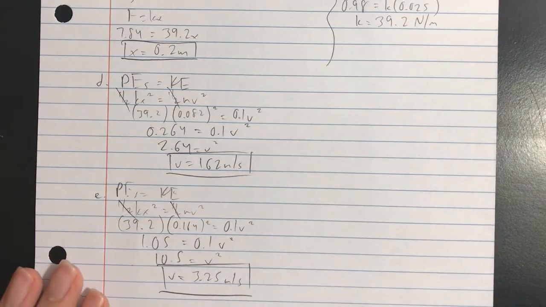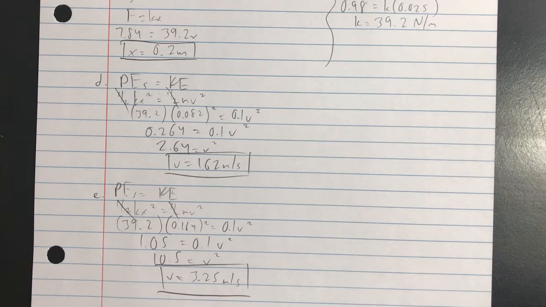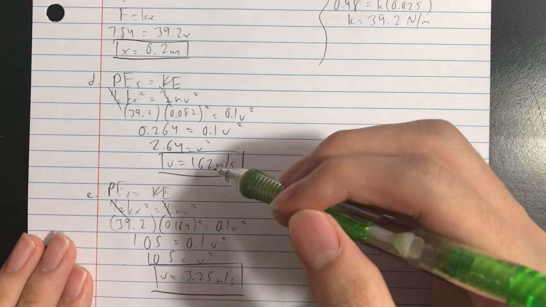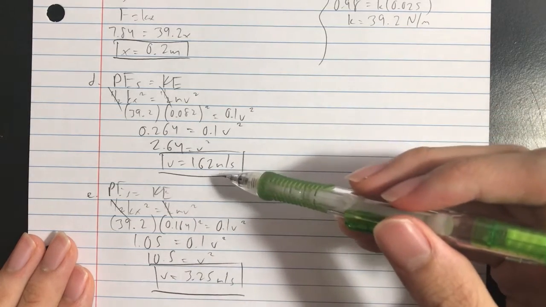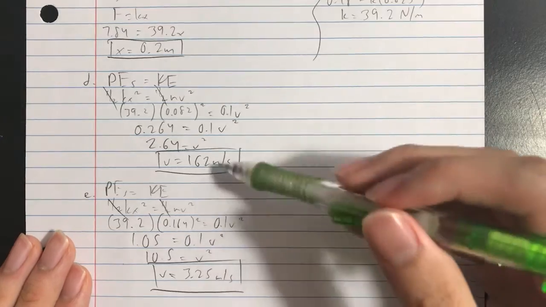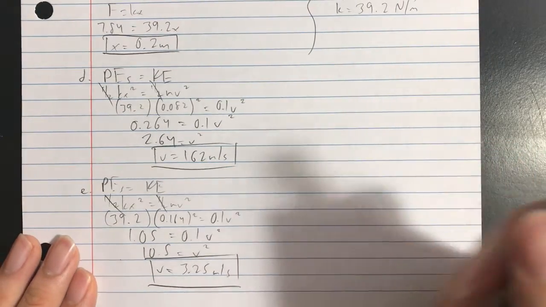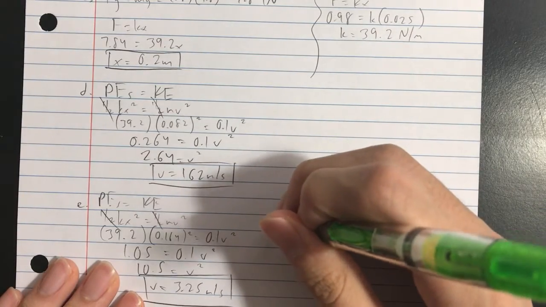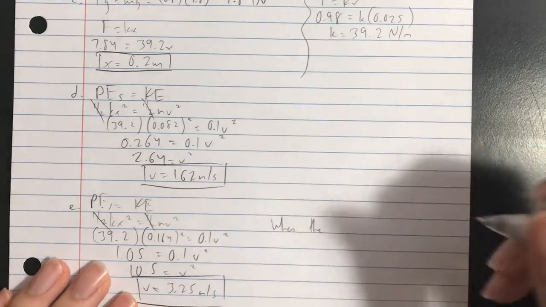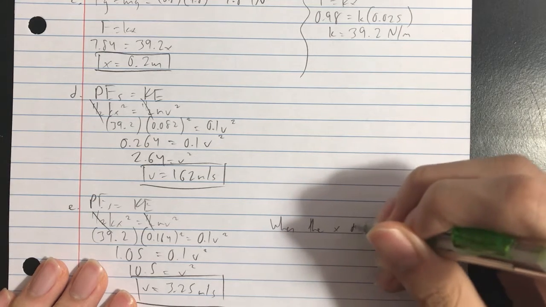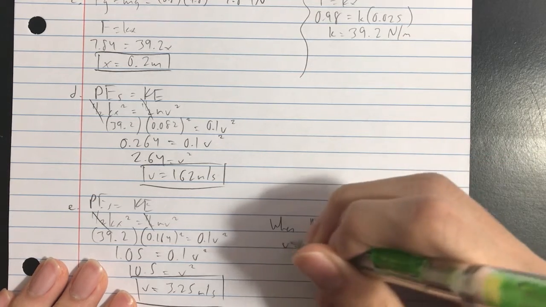Now, when we compare parts D and E, when we double the spring length, the amount of spring we stretch, as we can see, the velocity also doubles. So when x doubles, v doubles.